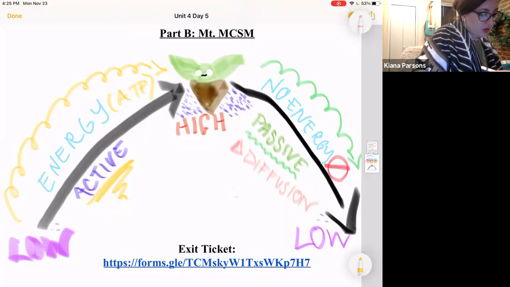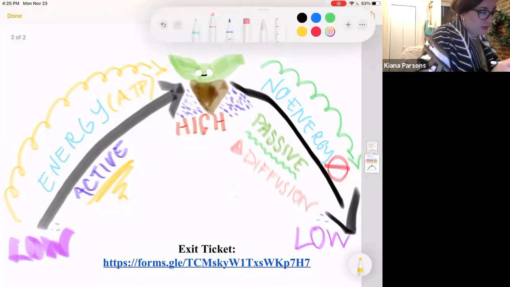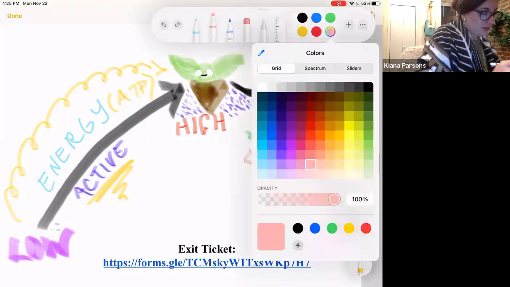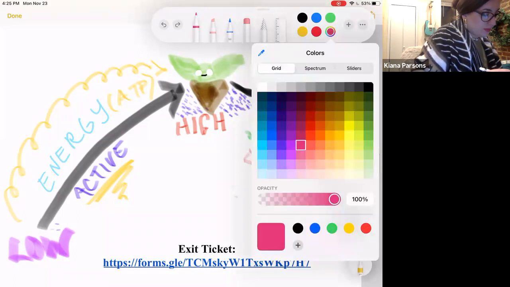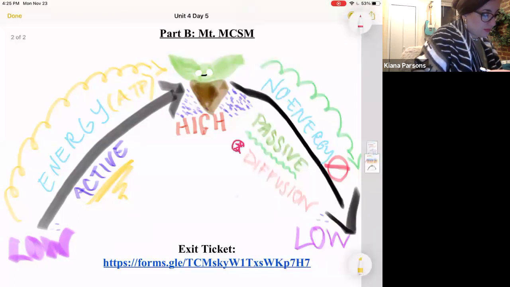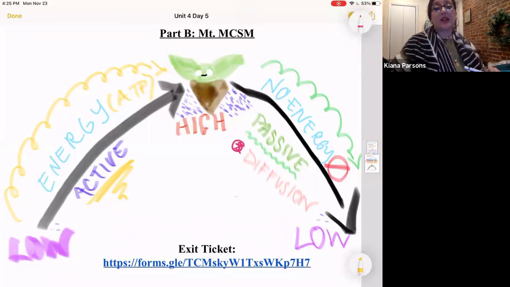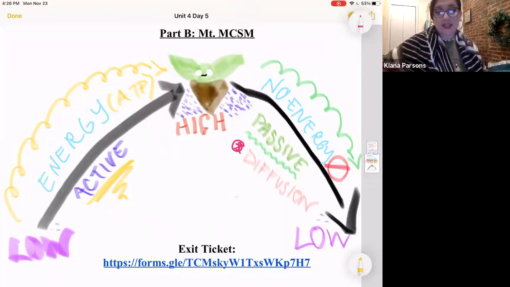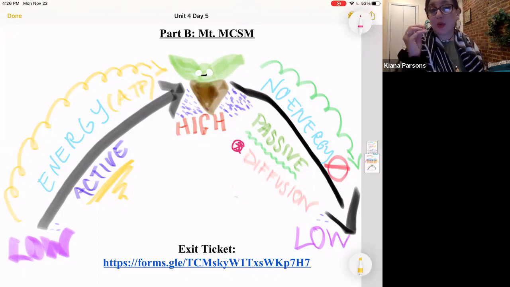Diffusion is the natural consequence of molecules just sort of existing in space. They move from an area of high concentration to low concentration. You kind of can't stop them from doing it.